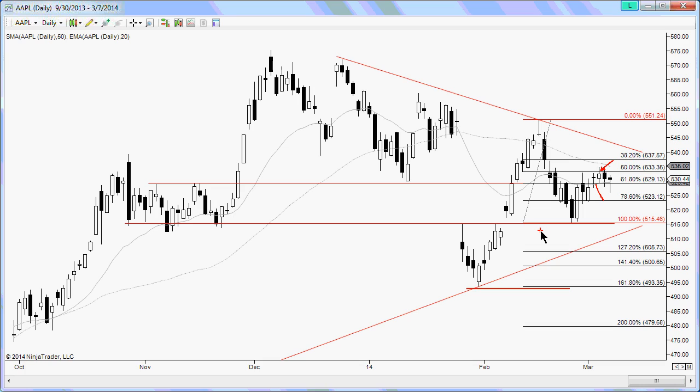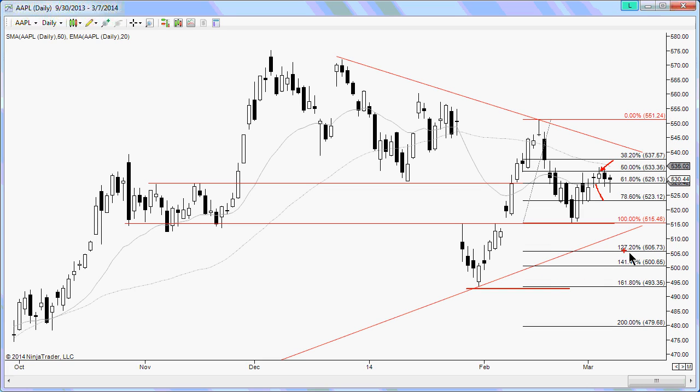Now, as a disclosure, I do have a long position on Apple, but do I have a bias one way or the other? No. If it comes down and plays out this bearish case, I'm out. Take my losses and wait for another trade. If it moves the way that I think it will move, then I just play it accordingly and move the stop up and manage the risk until the trade says stop.